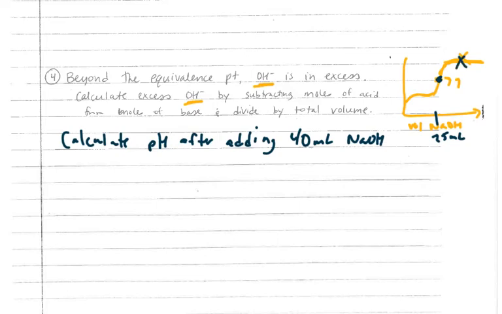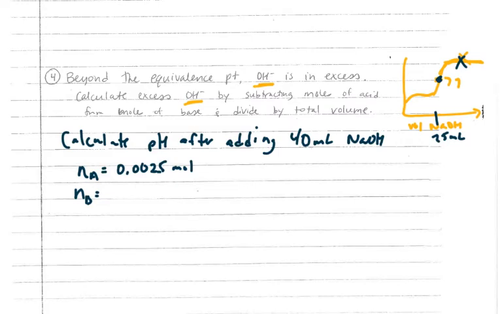So we keep calculating the moles of acid, which is constant because we're not changing the amount in that flask. So we have 0.0025 moles of acid. And how many moles of base did we add?